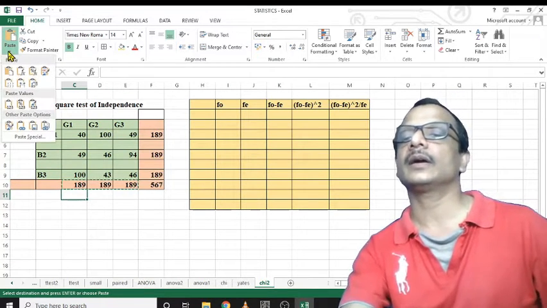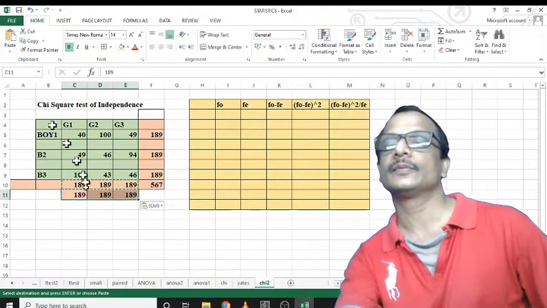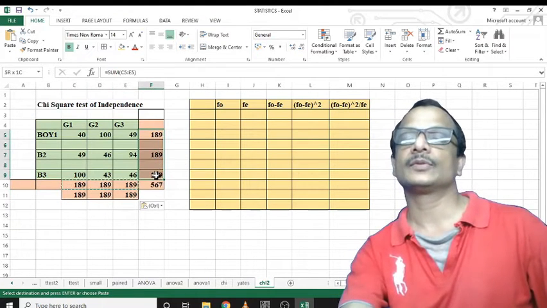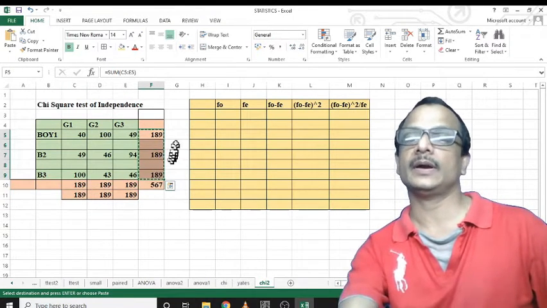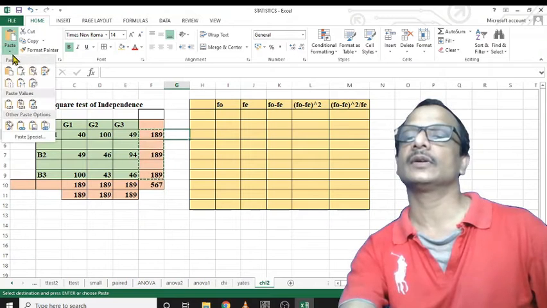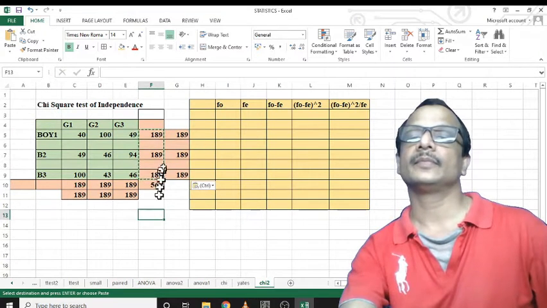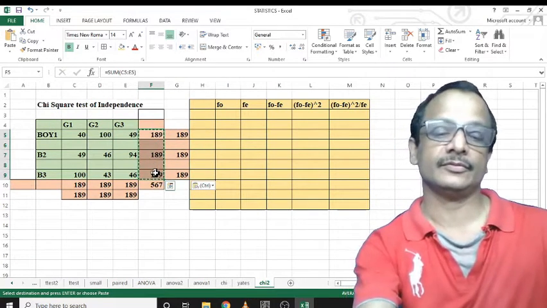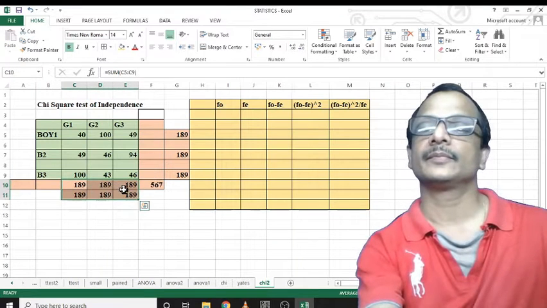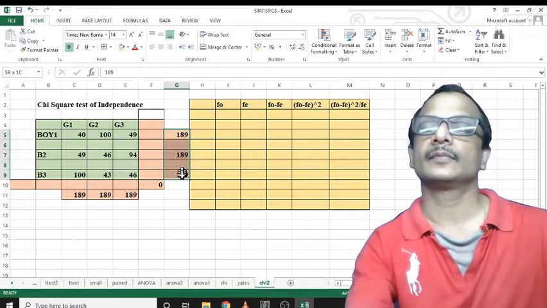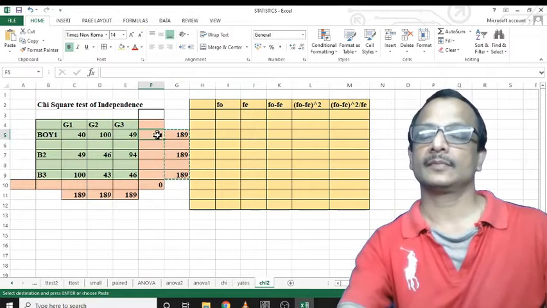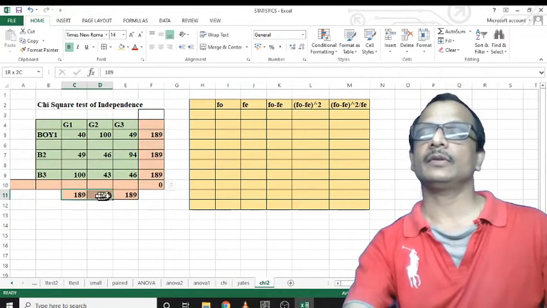Okay, here I paste the values, then here also I copy and paste the values. Now that's enough for us. Okay, now it's good.